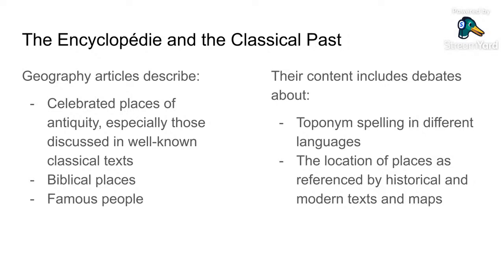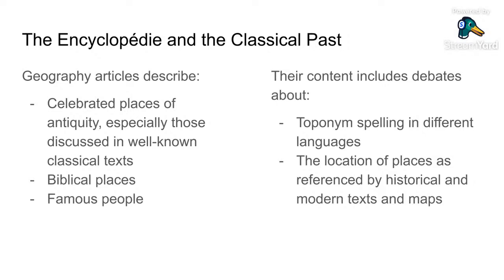And as we saw with the Lissus example, the content of these articles includes debates about the spelling of toponyms in one or many languages, and the location of these places as referenced by historical and modern texts and maps. So it's a very interesting site that captures debates about the geography of antiquity around the world in the 18th century.